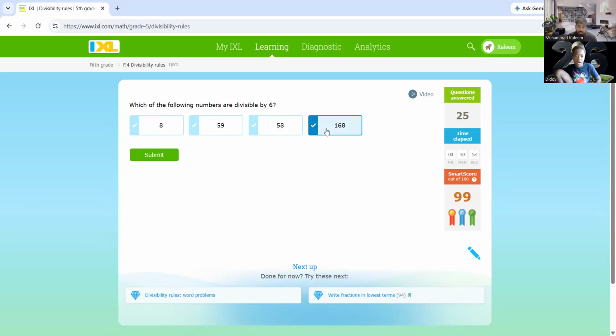For 3, we have to check what's the sum of the digits. 1 plus 6 is 7, and 7 plus 8 is 15. So 15 is a multiple of 3, right? So it is divisible by 3. It is divisible by 2. And that's all.